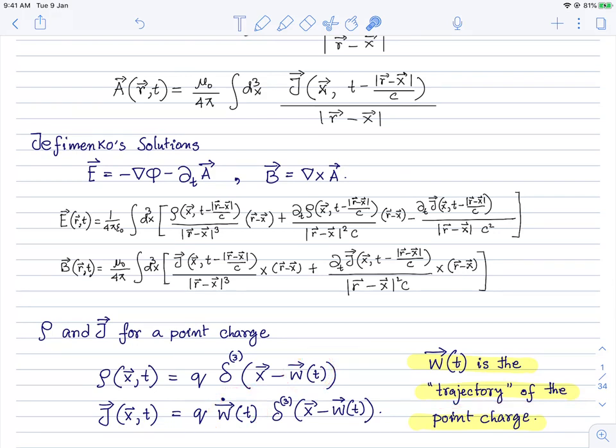So it is q times velocity times the delta function; wherever the point charge exists, the delta function clicks. That gives us the current density, and the charge density is given by q times the same delta function.